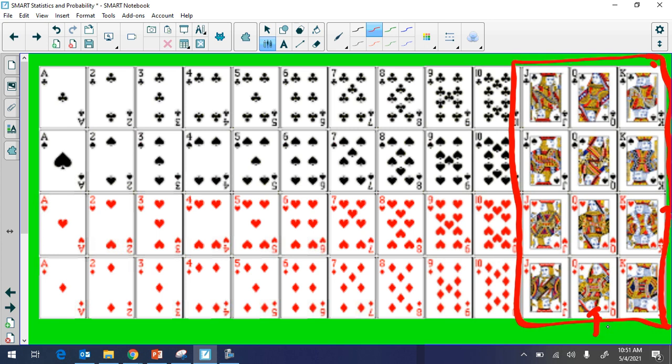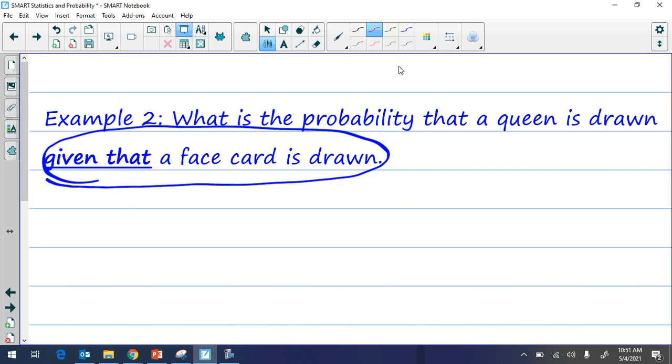So my denominator is now going to be 12, and 4 of them are queens.